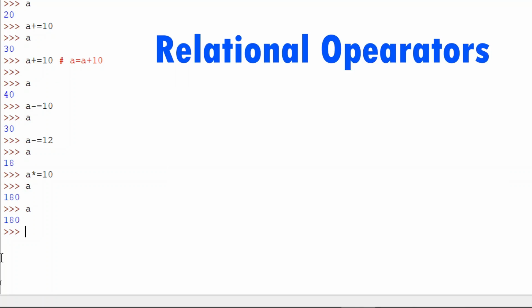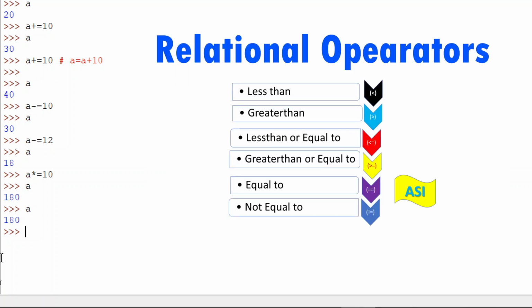The next one is relational operators. How do we use relational operators in Python? If I take a equal to 10 and b equal to 9, and compare a less than b, the result is false, right?